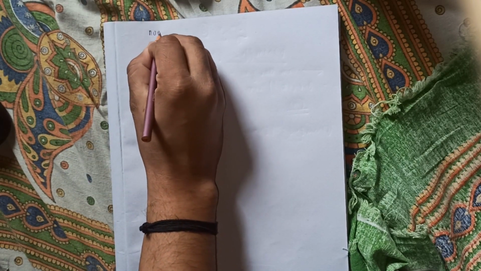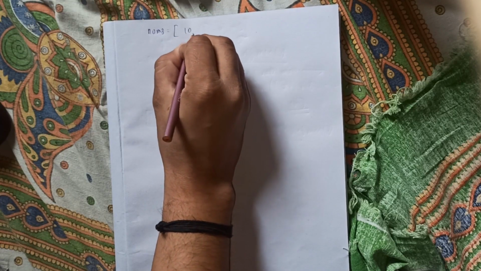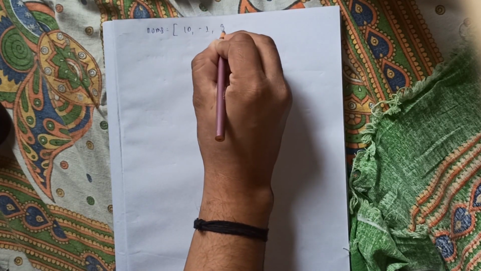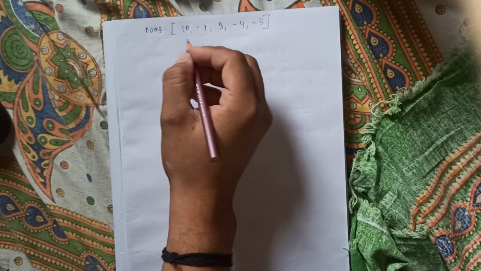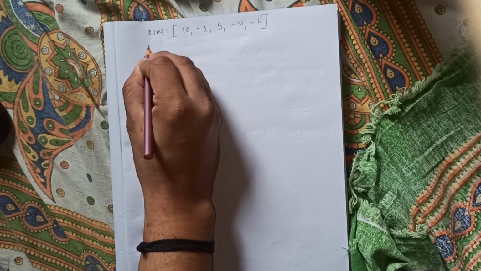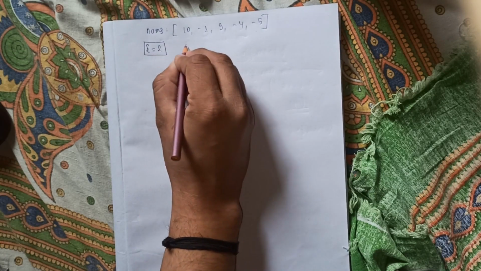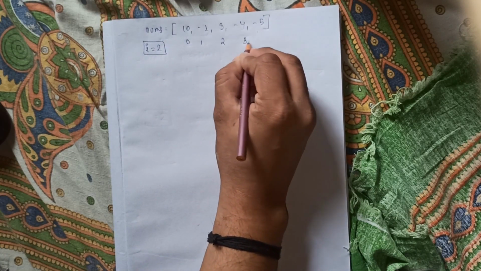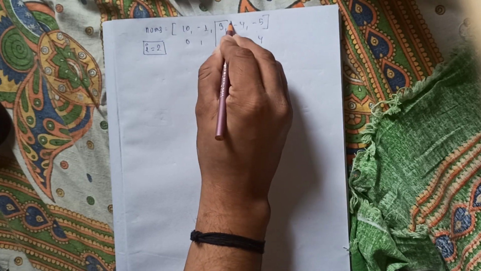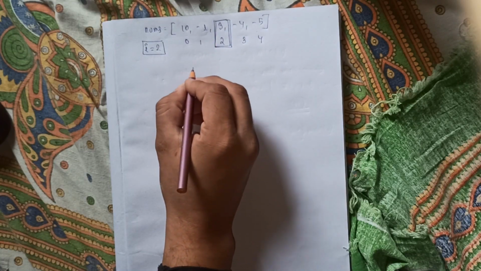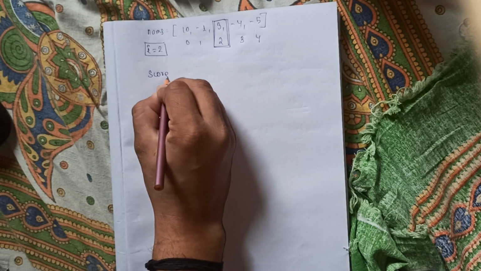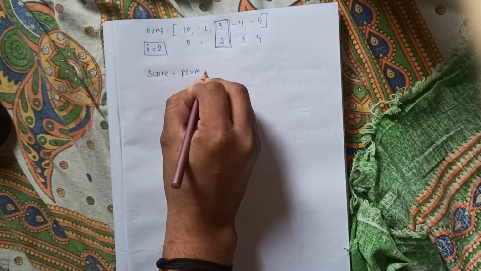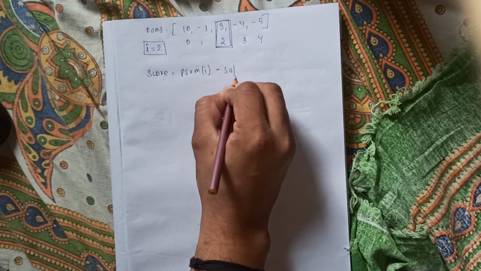The nums is given as 10, minus 1, 3, minus 4 and minus 5, right? For this test case, the best answer will be at i equal to 2, that is, indices 0, 1, 2, 3 and 4. If we pick i equal to 2, what is the condition given to us? The score of i will be the prefix sum till the ith index minus the suffix minimum.